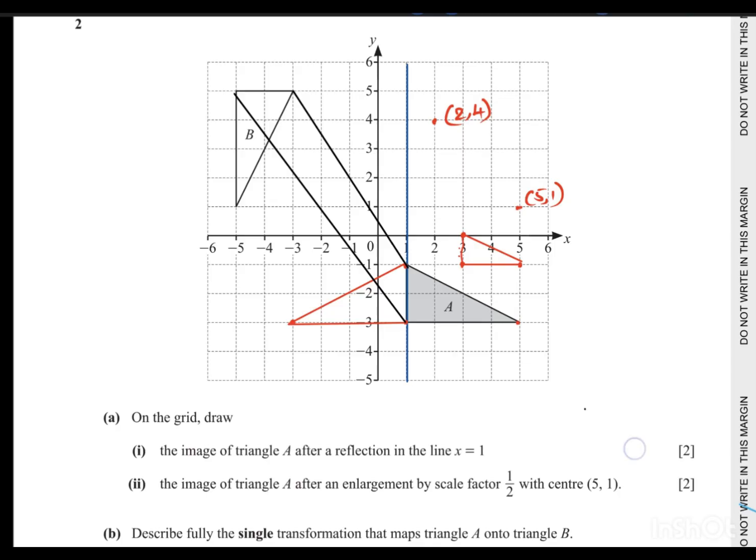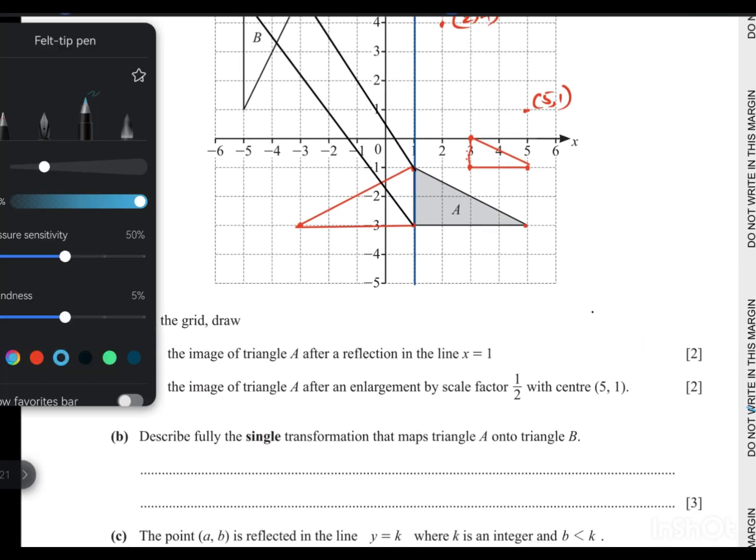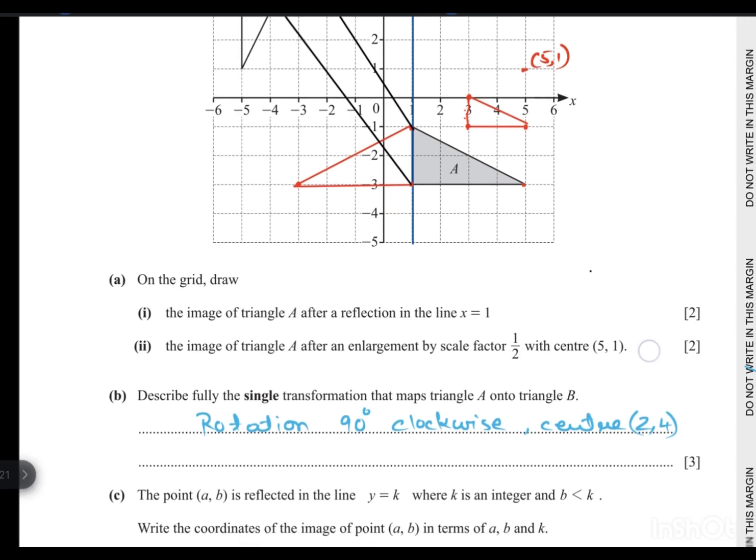So you can write here rotation 90 degrees clockwise, center 2, 4. This is the answer.